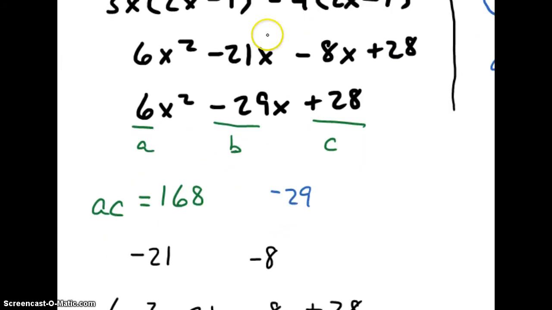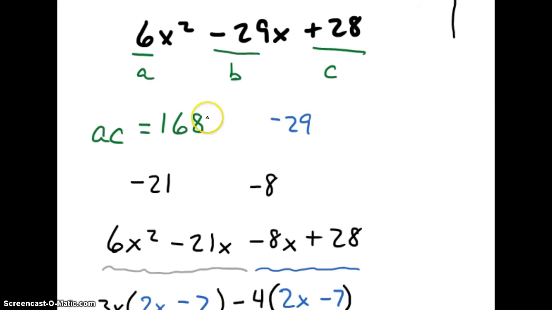I'm actually searching for these guys, this negative 21 and this negative 8, but I want them to combine together to make something very specific. I want them to combine together to make this negative 29, which is why I do the step that I do. That's why I have AC, and that's why I'm trying to get them to add up to negative 29.